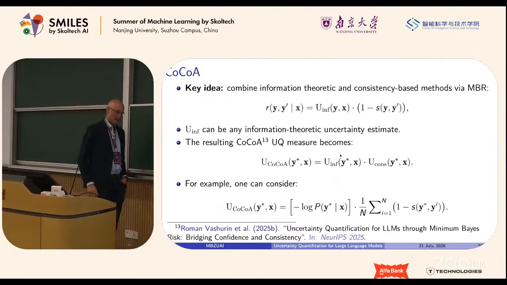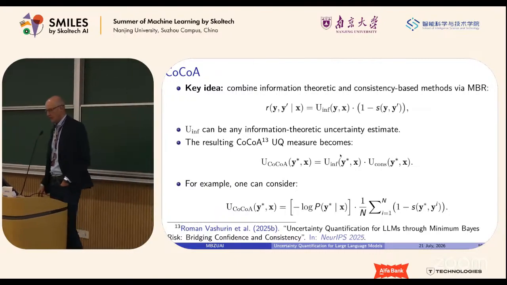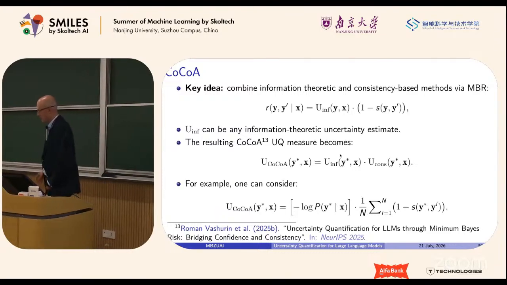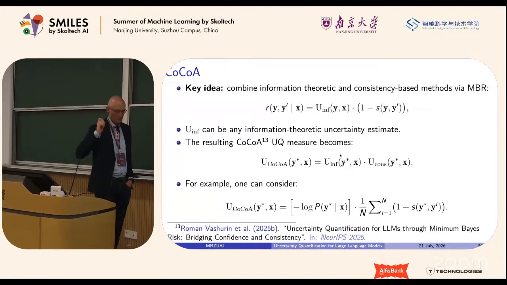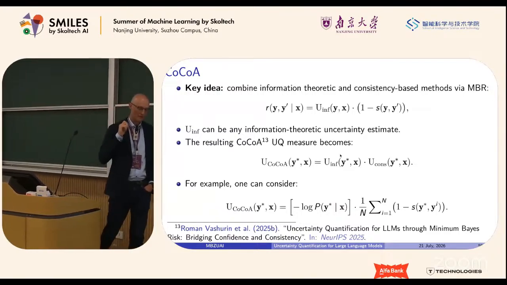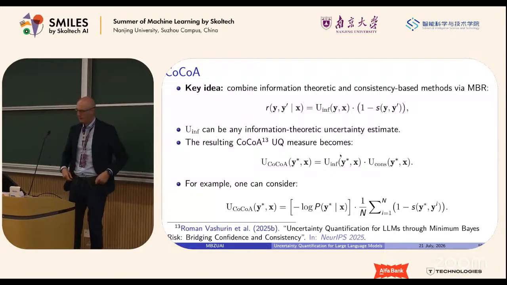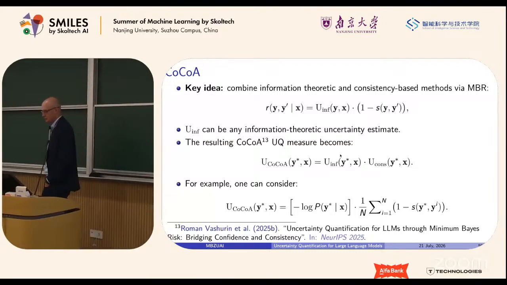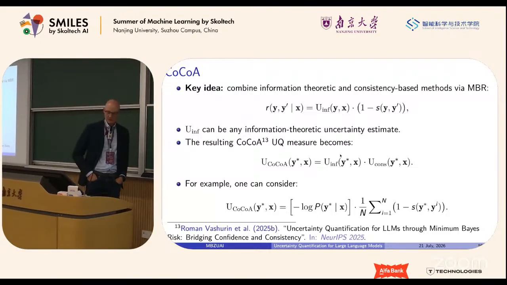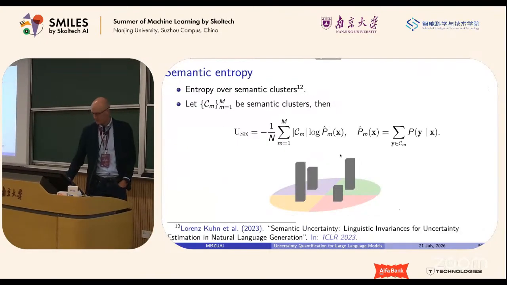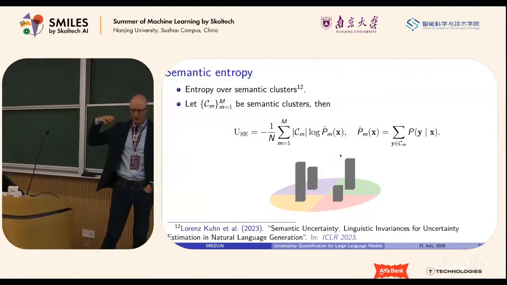Unfortunately, semantic entropy, while it is one of the seminal works and a pretty good method, has a lot of issues. One of the main issues is that it doesn't take into account what generation you have sampled. As you can see, in semantic entropy you don't have any information that comes from the answer that you're showing to the user.